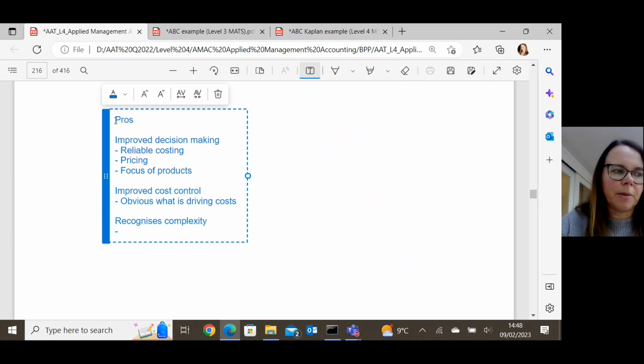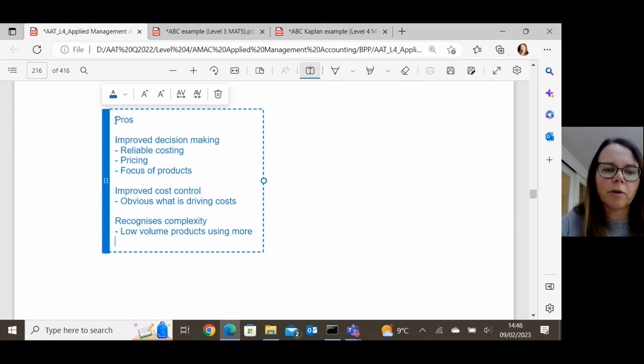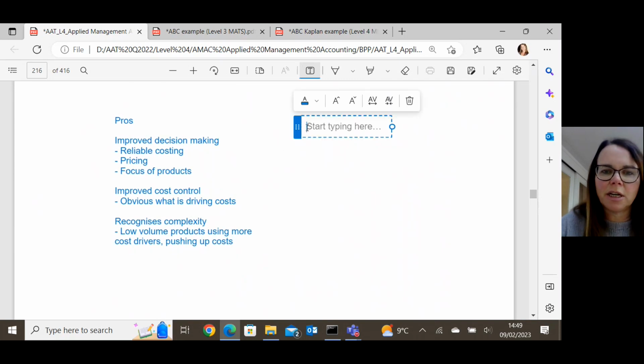So, for example, low volume products using more cost drivers, pushing up costs. So you need to be able to talk about this in an exam situation.